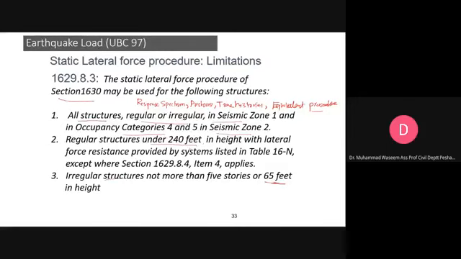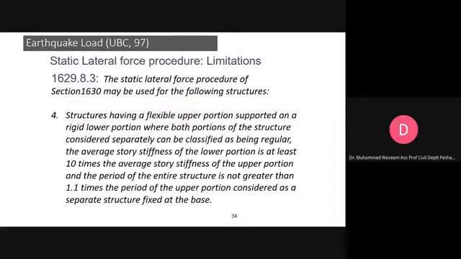Now, these are some of the limitations, you can go through them. This is another limitation of this static lateral force procedure. Basically, if you want to evaluate the forces for which you have to design your structure or building, you have to calculate the base shear. Using the equivalent static procedure, you can calculate the base shear by this formulation: V = (Cv I / R T) × W, the weight of the building.